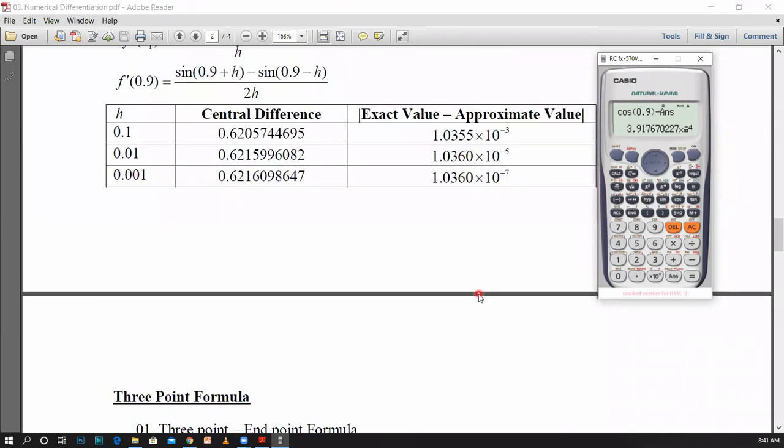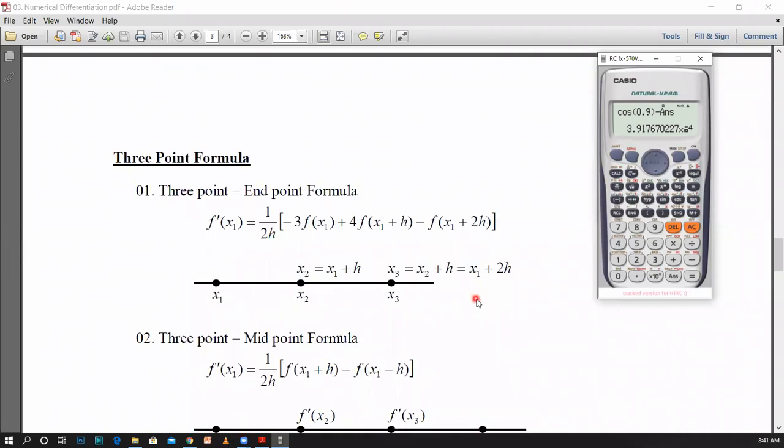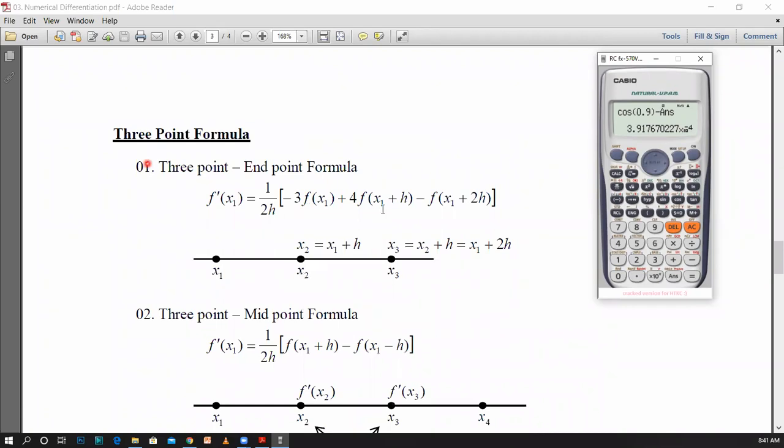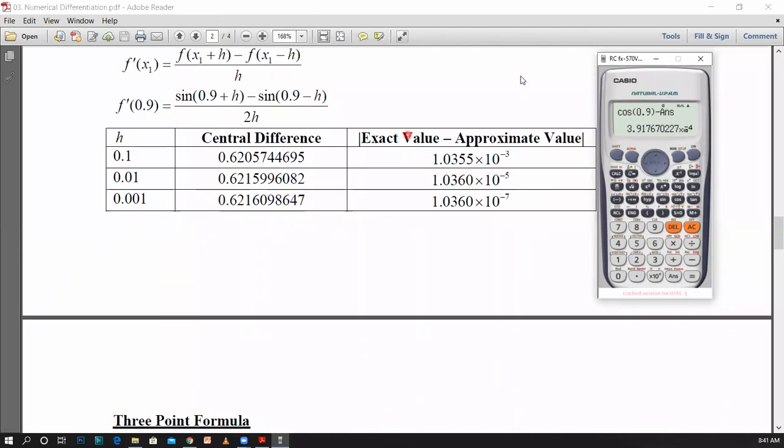Now we will go for the 3-point formula. In the 3-point formula, we are considering 3 points. In the previous one, we just had x1 and x1 plus h or x1 minus h.